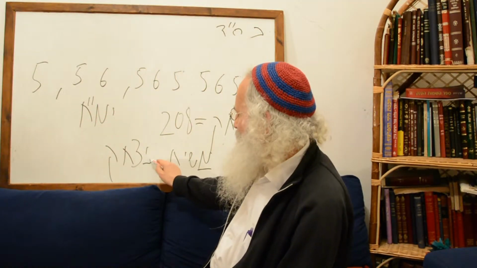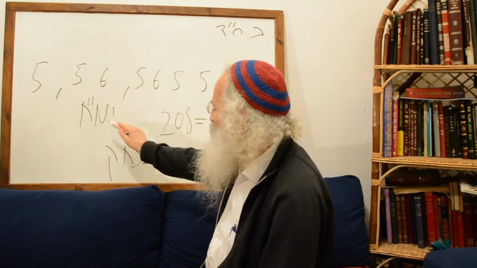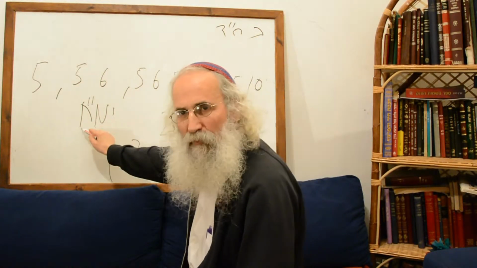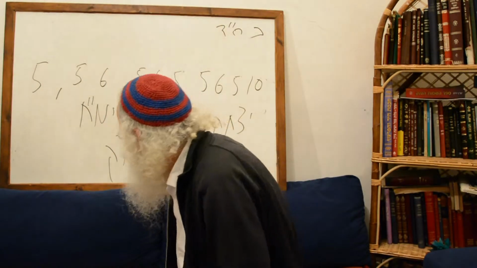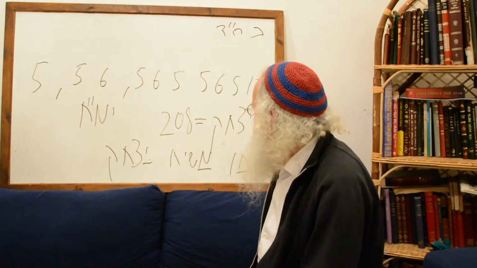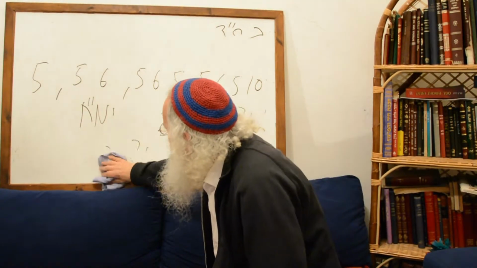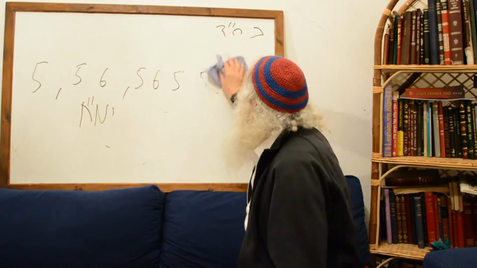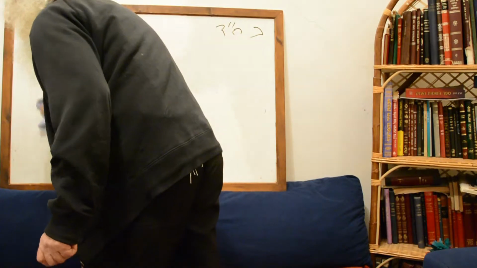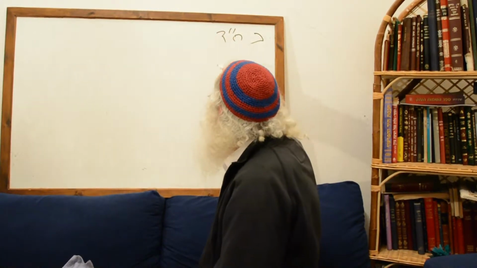Yitzchak starts with Yud, Mashiach starts with Mem, Chen starts with Chet. So it's an acronym, Yimach.